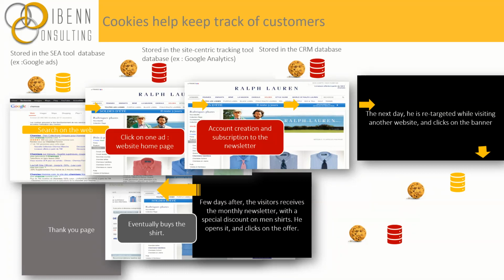So to make it clear, visitors are tracked by various tools, each of them storing a specific customer ID or identifier in its database. A customer ID is just like your student card. It is made to identify you personally. Each tool's database sets its own identifier. If you prefer, it's like you being given one student card by each class you're attending.